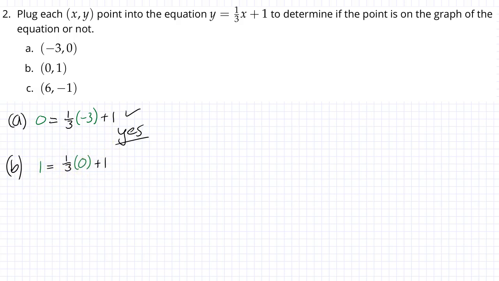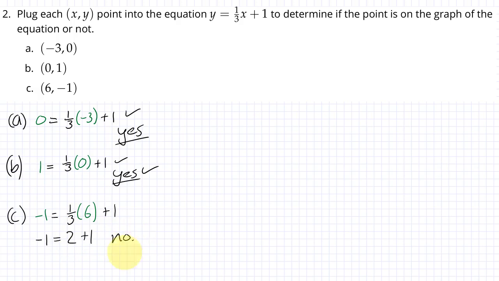And that gives you 1 equals 0 plus 1. That works too. And for part C, we're going to plug in y equals -1 and x is 6. And that gives you -1 equals 2 plus 1, which is not true. Okay. All right, so that means if you're going to graph this equation, it would have the first 2 points, A and B, but not the third point, C.